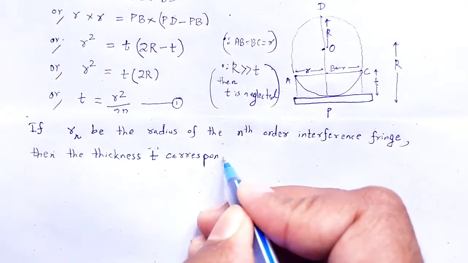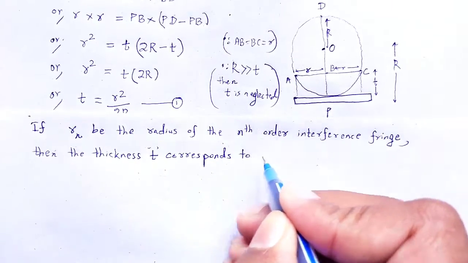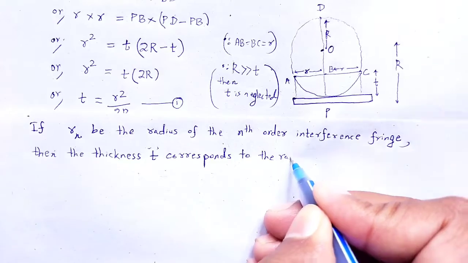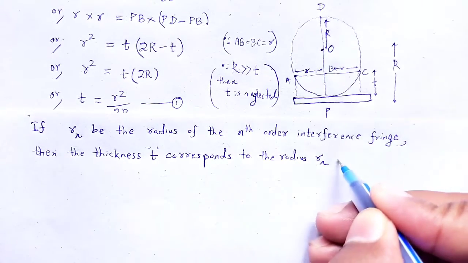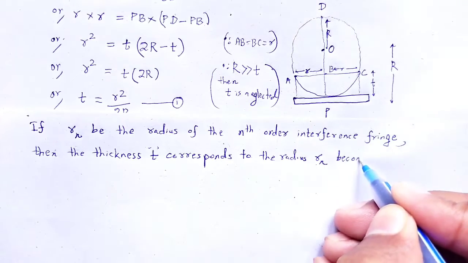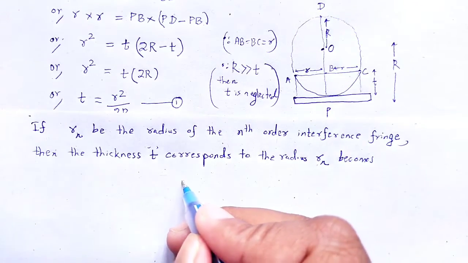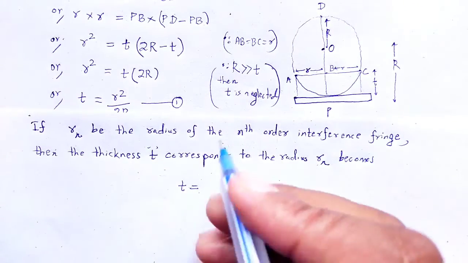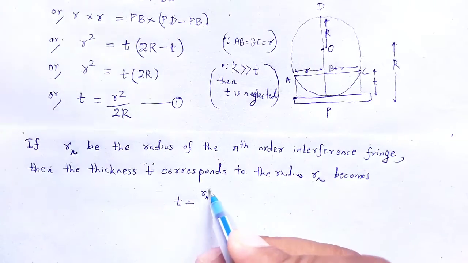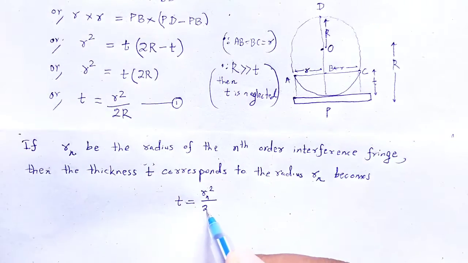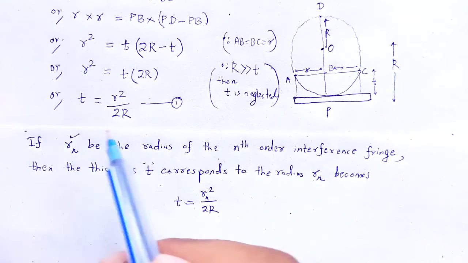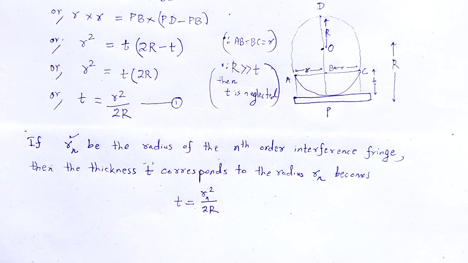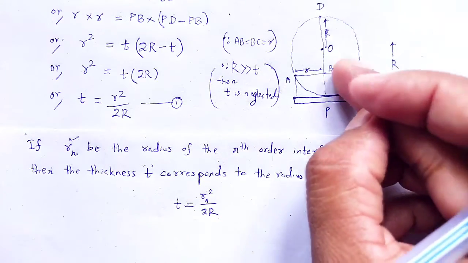So T is equal to Rn square divided by 2R, that radius corresponds to the nth order interference fringe, since the thickness will be T here.